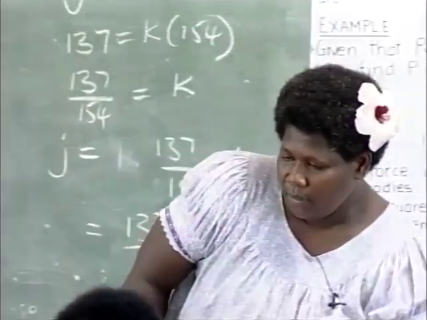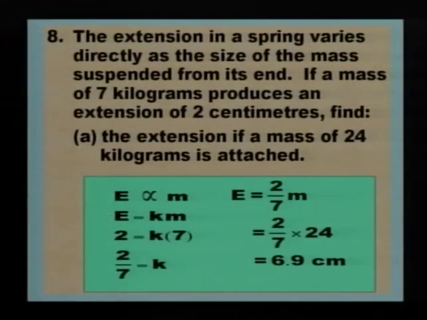Okay, that's what I've got. The question says the extension in a spring varies directly as the size of the mass suspended from its end.